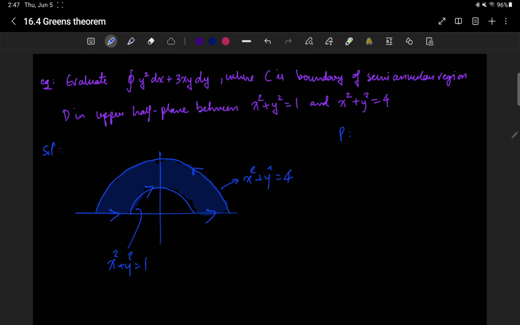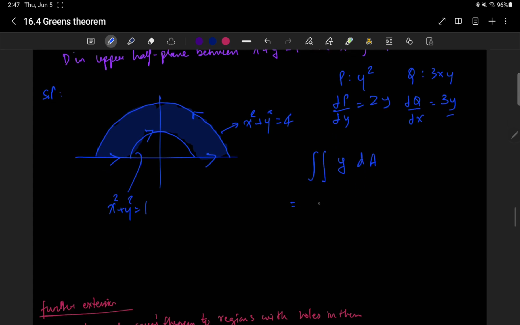And since P is y squared, we have del P over del y is 2y, and Q is 3xy, del Q over del x is 3y. So the double integral becomes 3y minus 2y, which is just y dA.